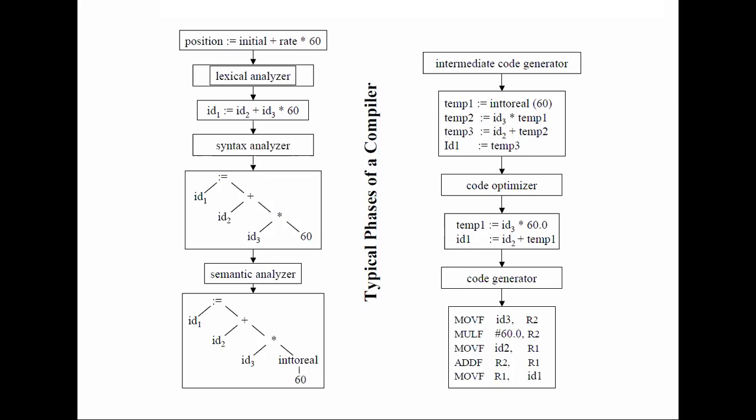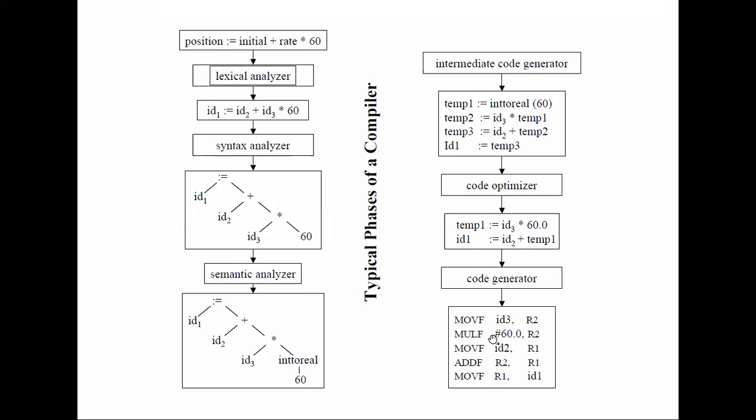Then the code generator produces assembly language. For constant values, we use the immediate addressing mode, with the hash symbol. If you remember addressing modes: immediate addressing mode, implied addressing mode, index addressing mode. MOVF means we move the ID3 value to R2.